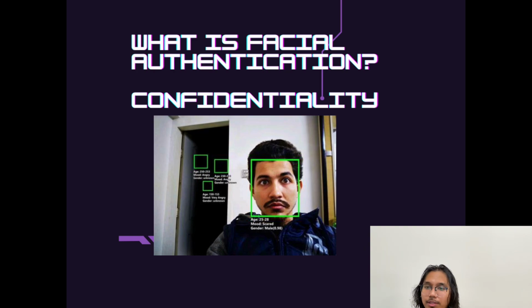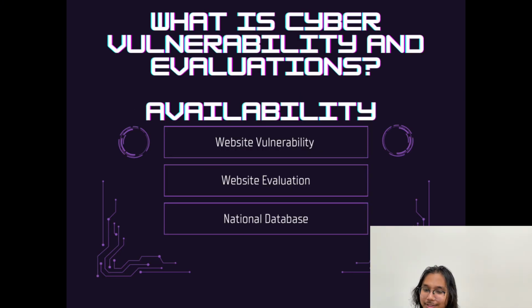It has been one of the most helpful in cutting down the number of passwords required and allowing quick entry, and it's much safer compared to alphanumeric passwords. But at the same time, facial authentication raises the issues of depth, breadth, and lighting.